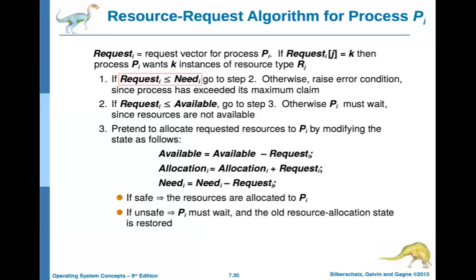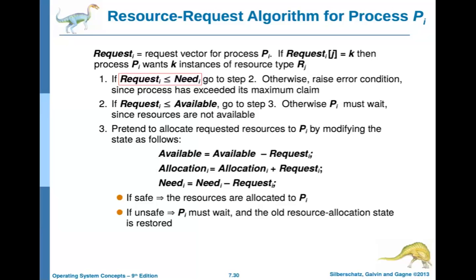If this condition is true, go to step 2. Otherwise, raise an error condition since the process has exceeded its maximum claim. Why is it so? Because it is a very simple thing. We have calculated need by looking at max minus allocation. So if the request is greater than need, it is claiming more than what it has mentioned in the max.